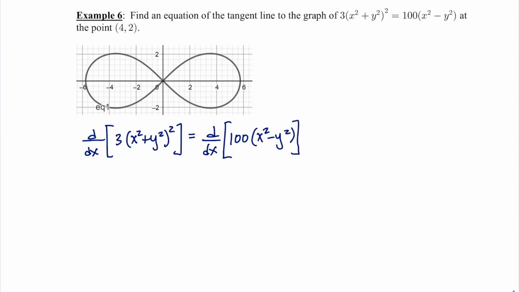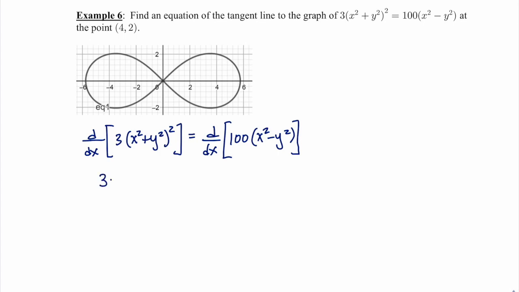And when we differentiate the left side, the outside function is the squaring function, and then the inside is a sum in which one of the terms involves y. So we just need to be careful of our plan here.